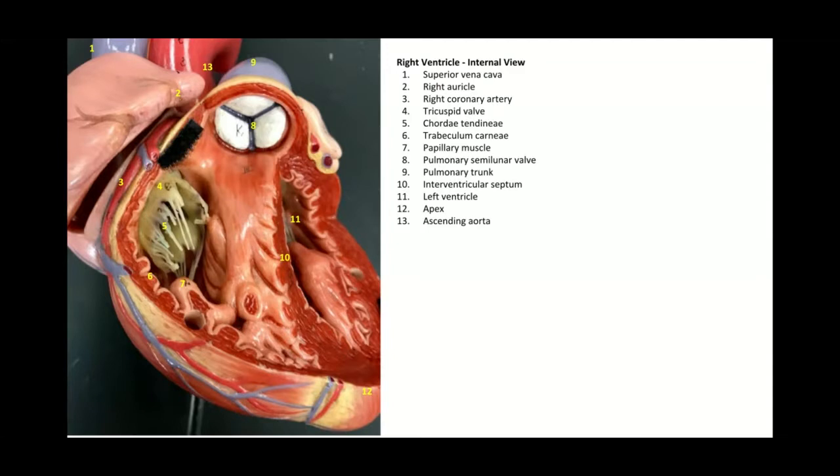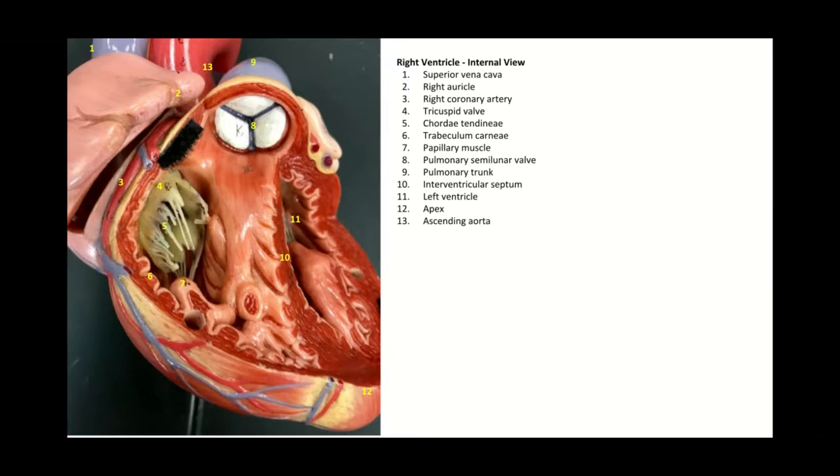From the right ventricle, we have the origin of number 9 or pulmonary trunk. In the beginning of pulmonary trunk, we need a valve, and the valve is number 8. We call it pulmonary semilunar valve.